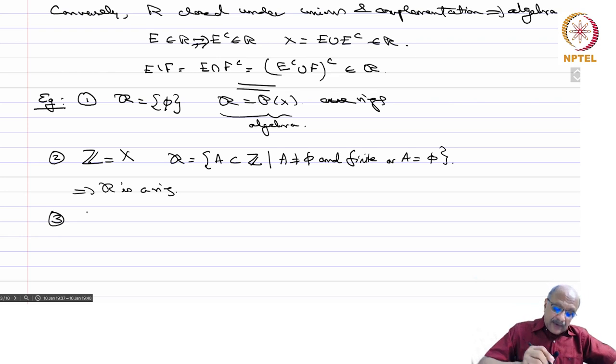The next example is a very important one, because this is the starting point of the construction of Lebesgue measure, which we will see later on. So we are going to start with this example.